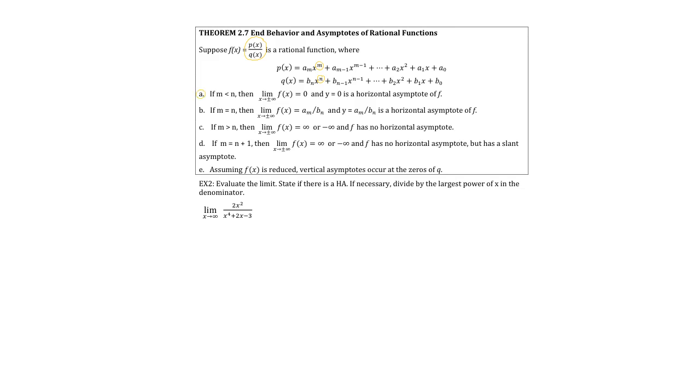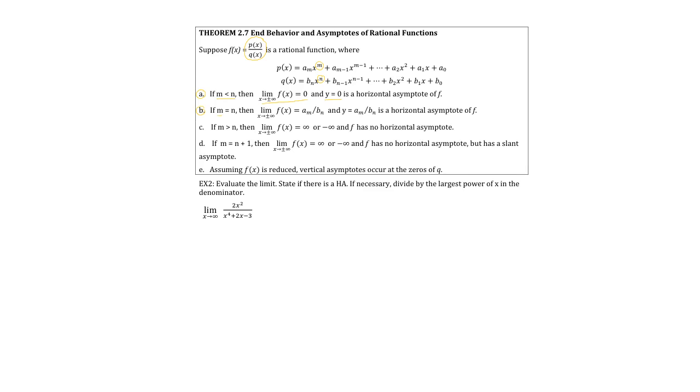So for property A, if the degree on the top is smaller than the degree on the bottom, then the limit as you go to positive or negative infinity is going to be 0. So y equal to 0 is going to be your horizontal asymptote.